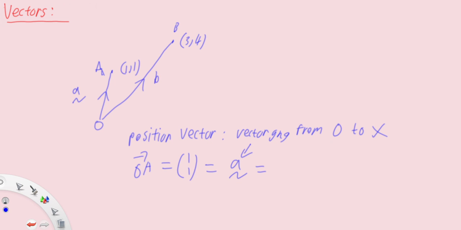Likewise, we can denote the position vector OB as b. So a position vector is very simple: a vector starting from the point O to whatever point you want to end up with. So that is vectors, basically the shortest distance from one point to the other, and I'll continue with more features of vectors in the next part.